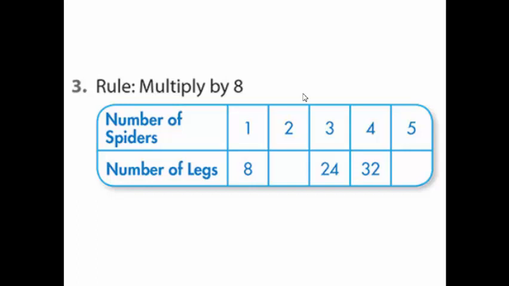We have the rule that says multiply by 8, and here we have the number of spiders and the number of legs. If I have one spider, the spider has 8 legs. So if you have 2 spiders, how many legs?